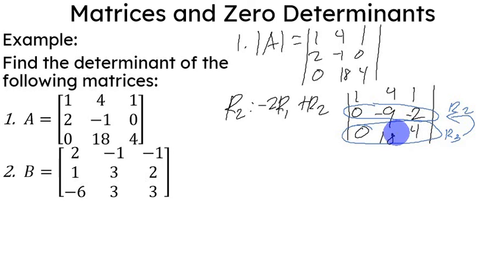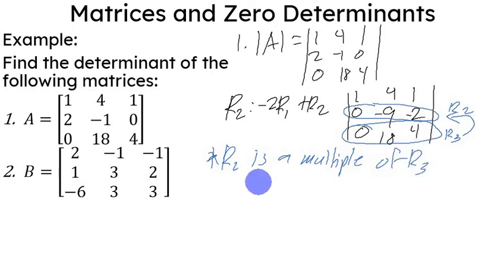So after performing a row operation, we get a condition that makes the determinant 0. Since these are still equivalent determinants, we can say that one condition is met for the determinant of A to be 0, and that is row 2 is a multiple of row 3. Therefore, the determinant of A is 0.